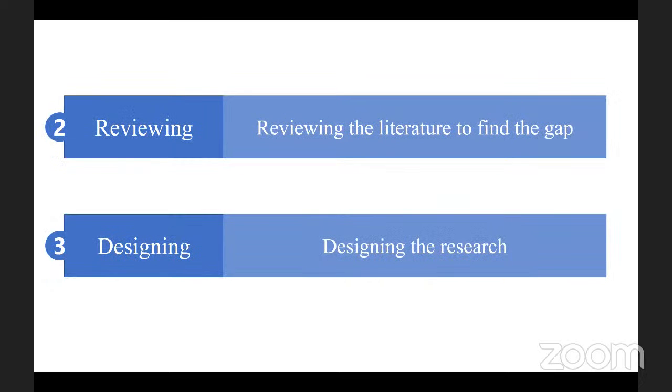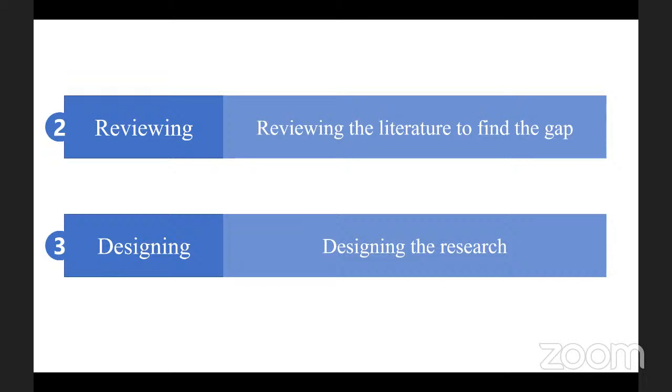The next step, after you have narrowed down your topic, is to find the gap. What is the gap in this field? That means reviewing the literature to find the gap. This is your second step, and it is the most important part as well, because if you do not review the literature properly, you will not be able to understand the gap in the field, and you might repeat work which has already been done by someone.